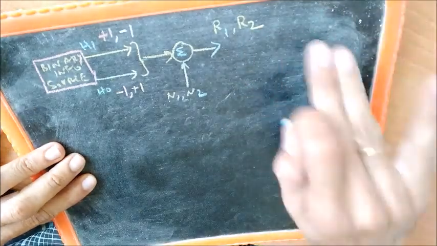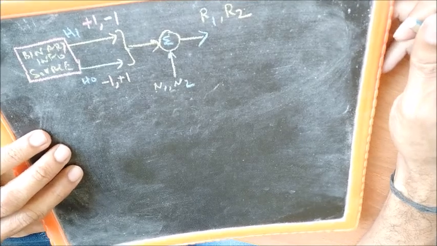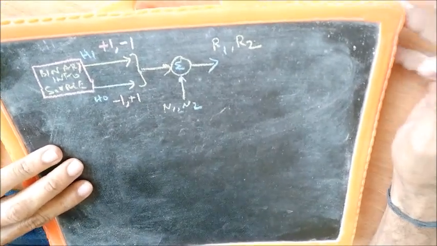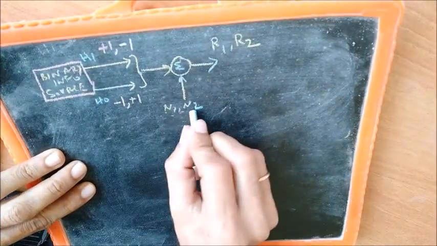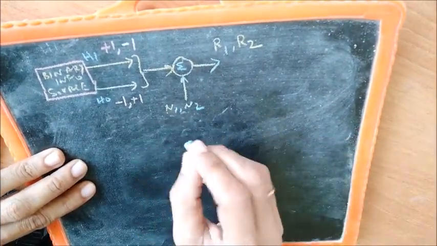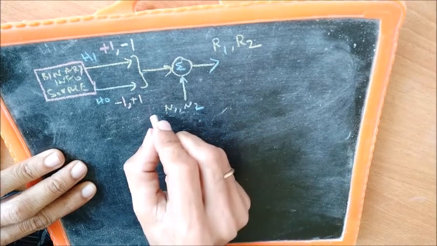With the help of this we form the observation space, and since you have two random variables R1, R2, your observation space will be two-dimensional. Let's say that N1 and N2 are independent noise random variables, and identically distributed.